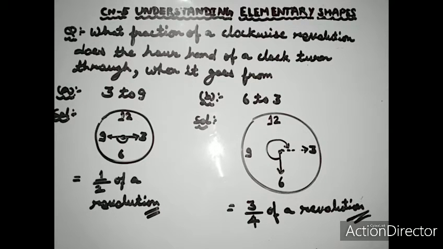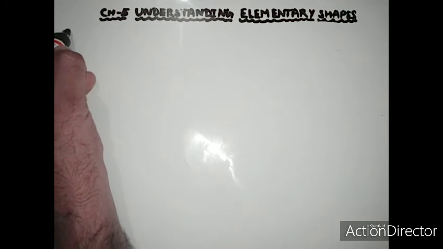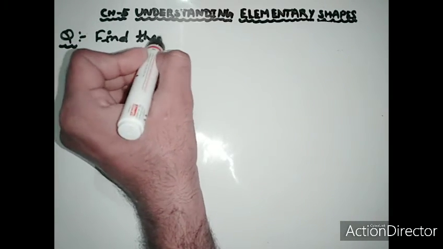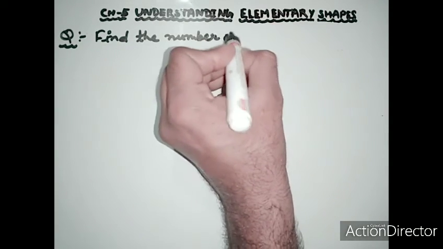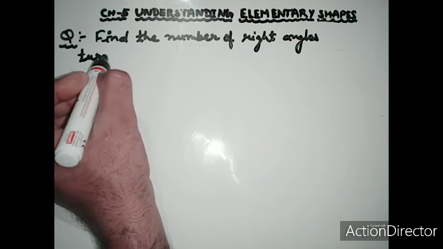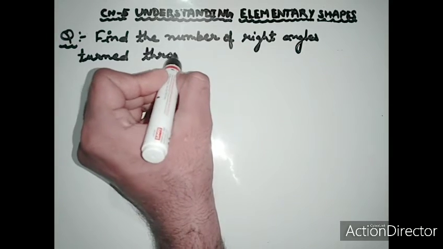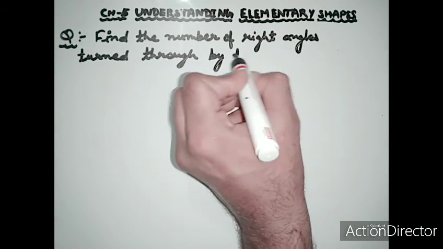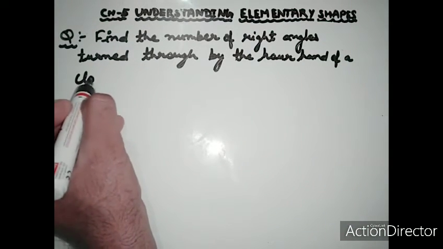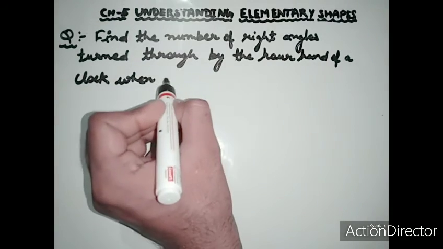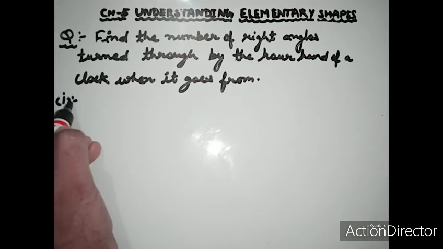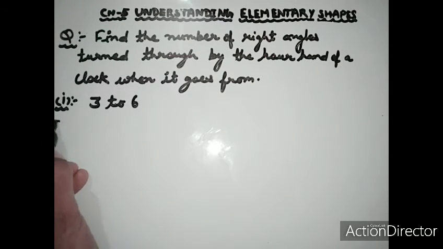Now we take another example related to a clock here. Now here we take the next question, and the question is: find the number of right angles turned through by the hour hand of a clock when it goes from 3 to 6, right?